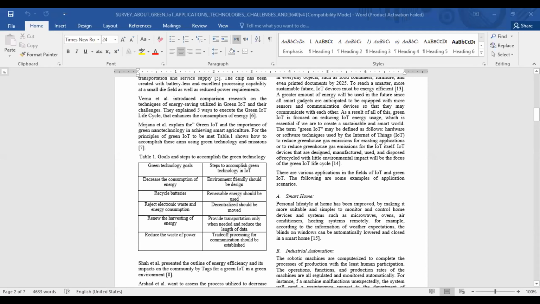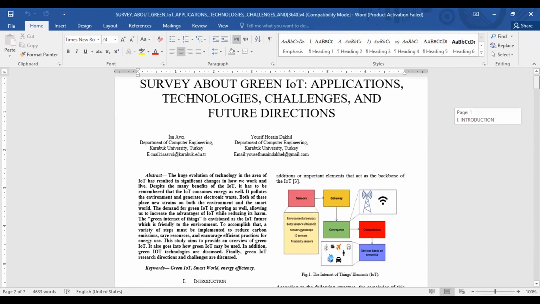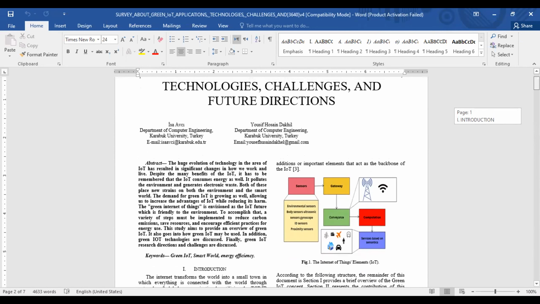Yeah, Victor. The paper number is 9, and the title is Survey about Green IoT Applications, Technologies, Challenges, and Future Directions. Okay. Can you see my screen, Victor? Yes, we can see your screen and you can start.